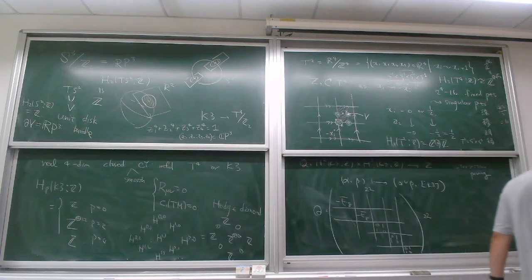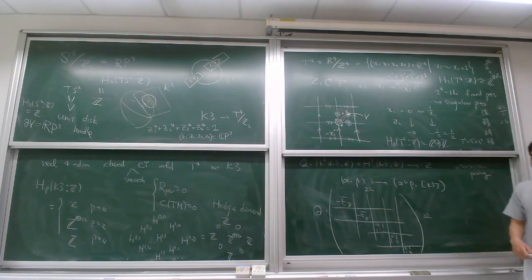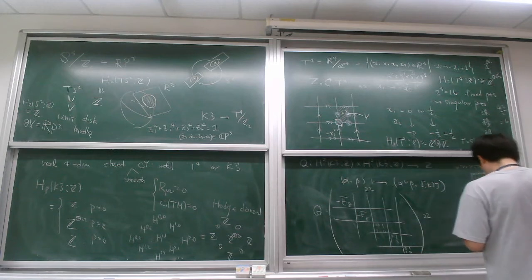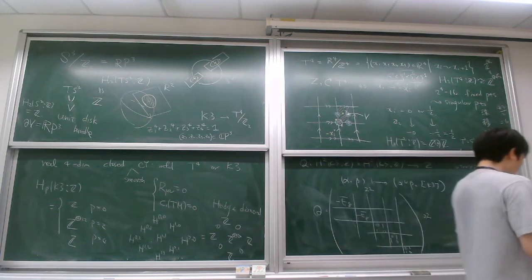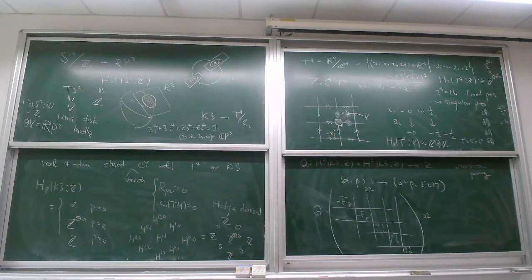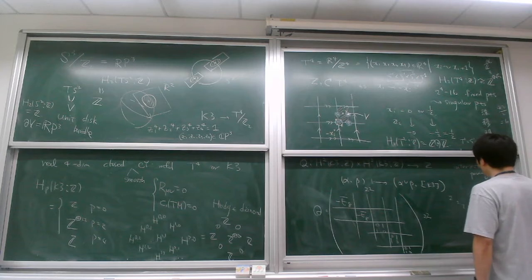And then the intersection matrix becomes like this way. The E8 here is the Cartan matrix of E8, which I have written in heterotic string. I'm not going to write it all down, so it becomes 2, 2, 2, 2, minus 1, like this way.